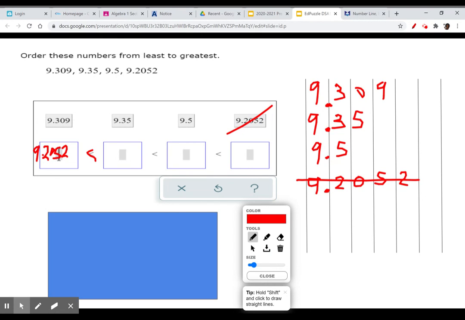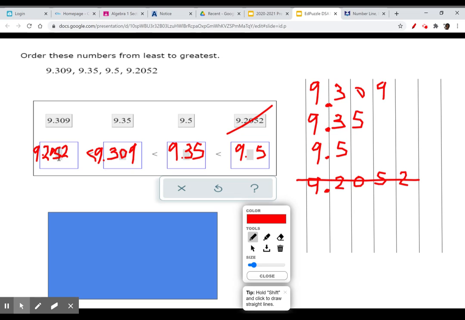So 9.309 comes here, and 9.35 comes here. And clearly 9 and 5/10 is therefore the last number.